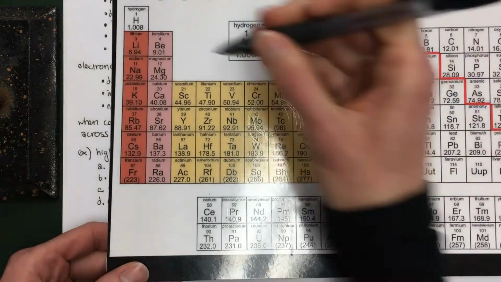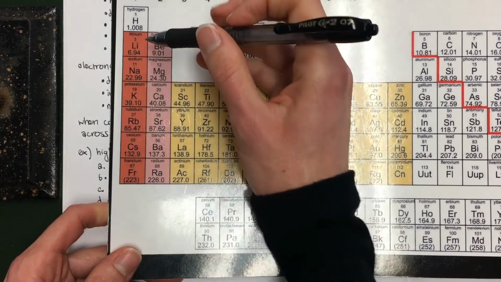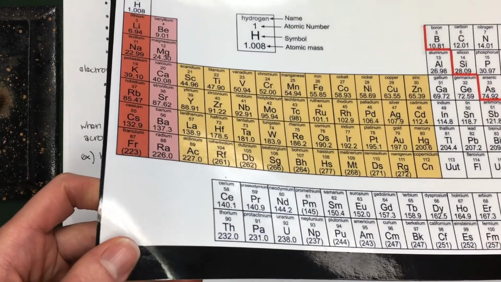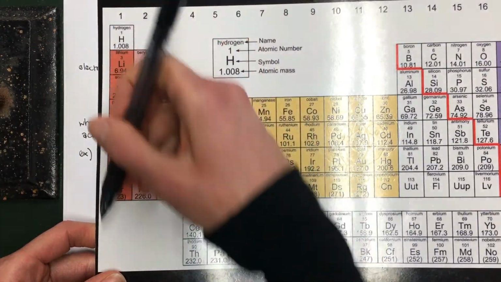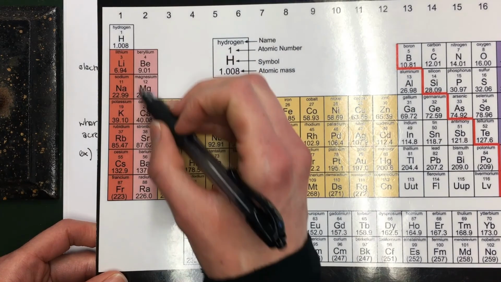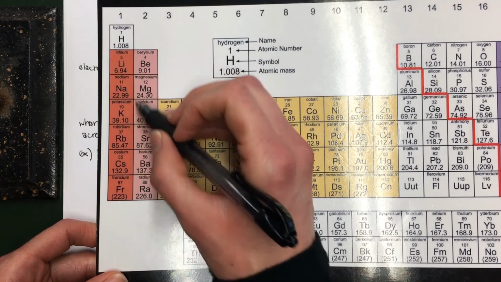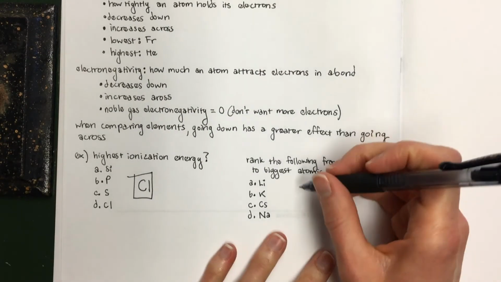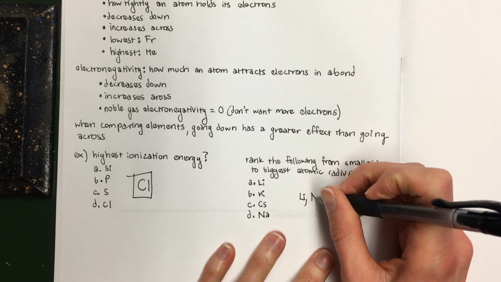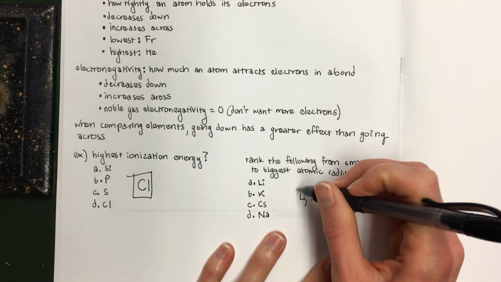So those are the alkali metals: lithium, potassium, cesium, and sodium. So from the smallest to the biggest atomic radius, well, we know the radius increases down. So lithium is going to be first, then sodium, then potassium, and then cesium. So we would write it out: Li, then Na, then K, then Cs would be the order.